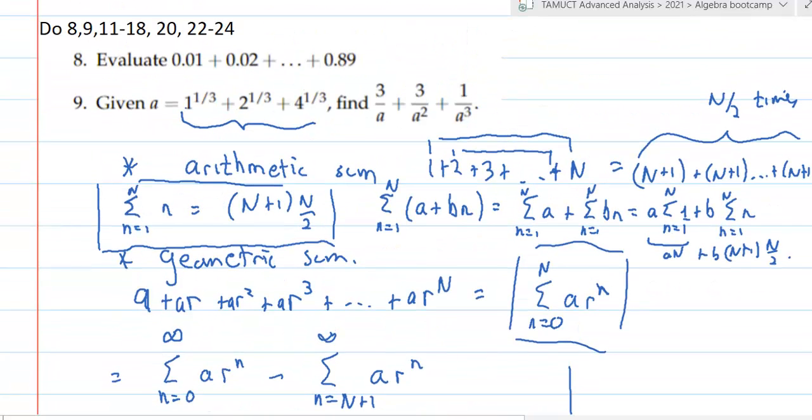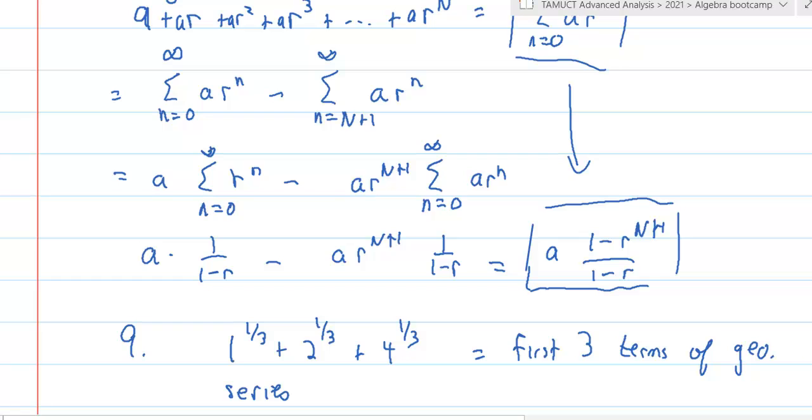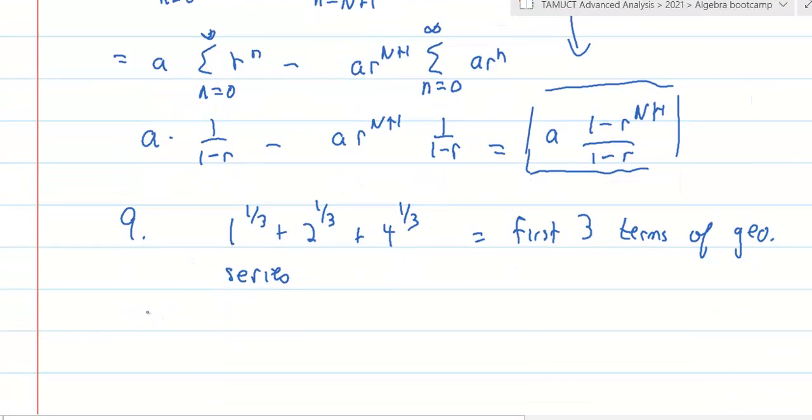Right. Now the other thing you have here is 3 over a plus 3 over a squared plus 1 over a cubed. I want you to recall something. There's also something called the binomial formula. If you have x plus y, you can use Pascal's triangle.